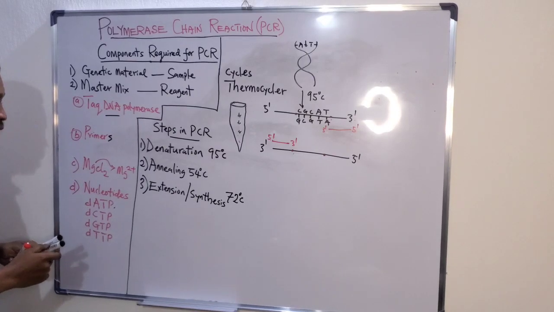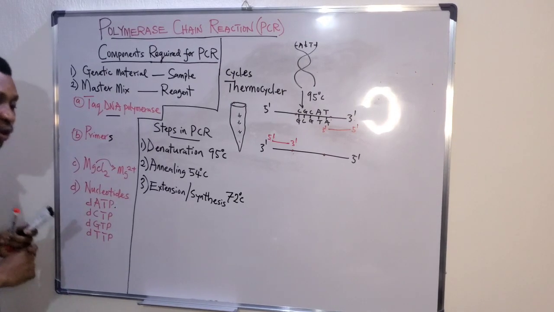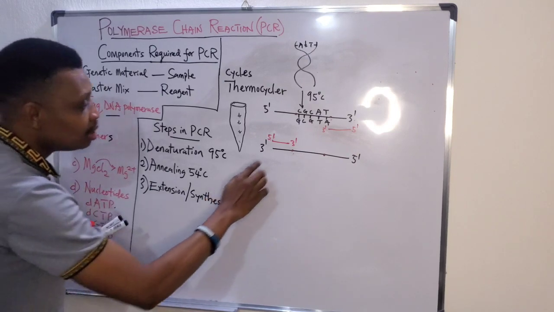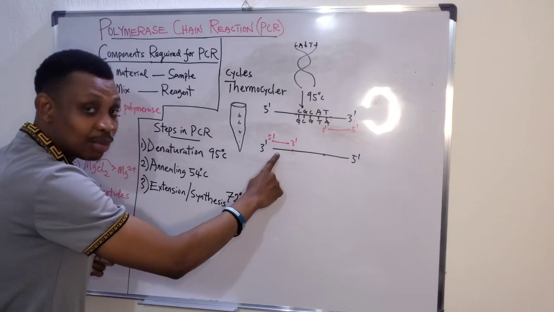Now, remember that it does not just pick only the nitrogenous bases, it picks the nucleotide. That is to say, it has the sugar molecule attached with the nitrogenous base together with the phosphate group. And I said earlier that this strand is the sugar phosphate backbone.